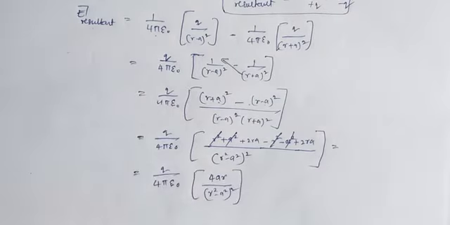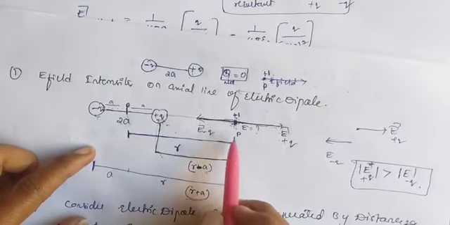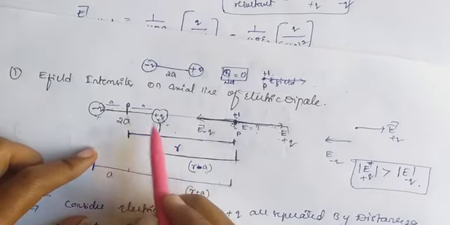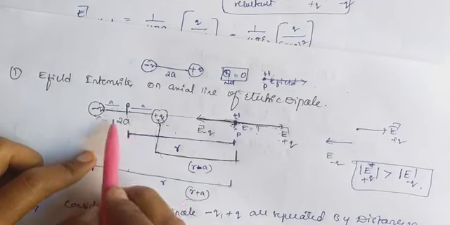Here, this is the point R. Compared to the distance of the point from the charges, the distance between those two charges will be very small.